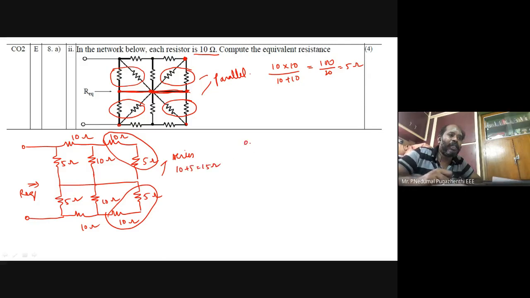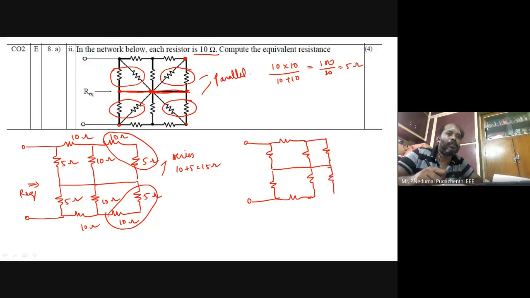So my diagram is reducing. The diagram reduces, so I will have another combination.